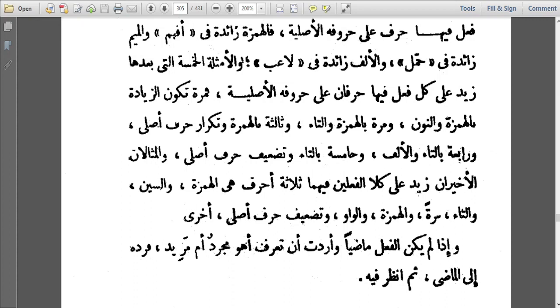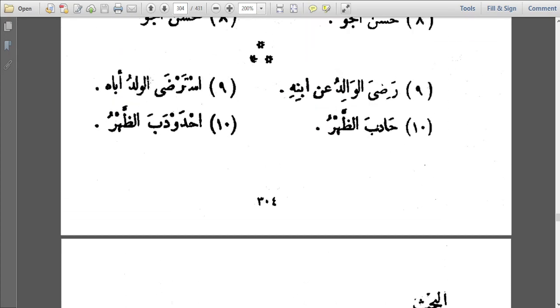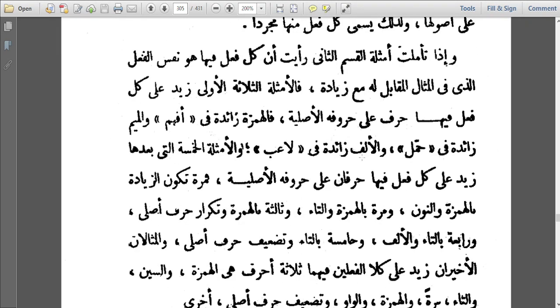Okay. Says والمثالان الأخيران زيد على كلا الفعلين فيهما 3 أحرف هي الهمزة والسين والتاء مرة. So at times for the last 2 examples, you see that alif sin ta has been added.